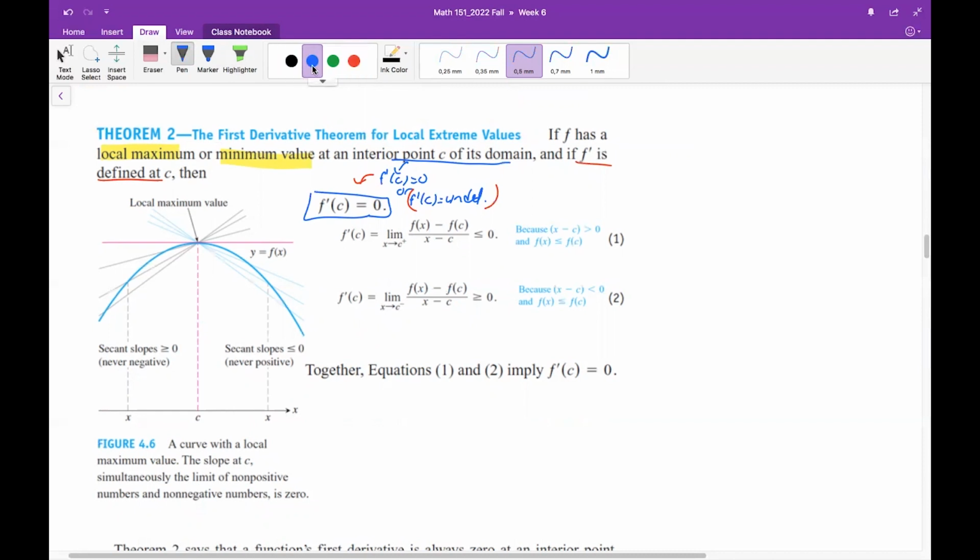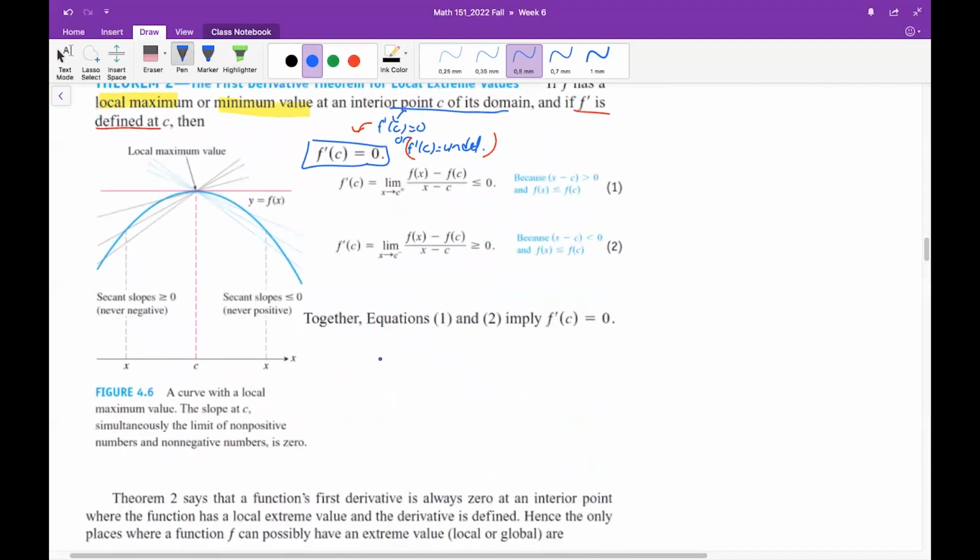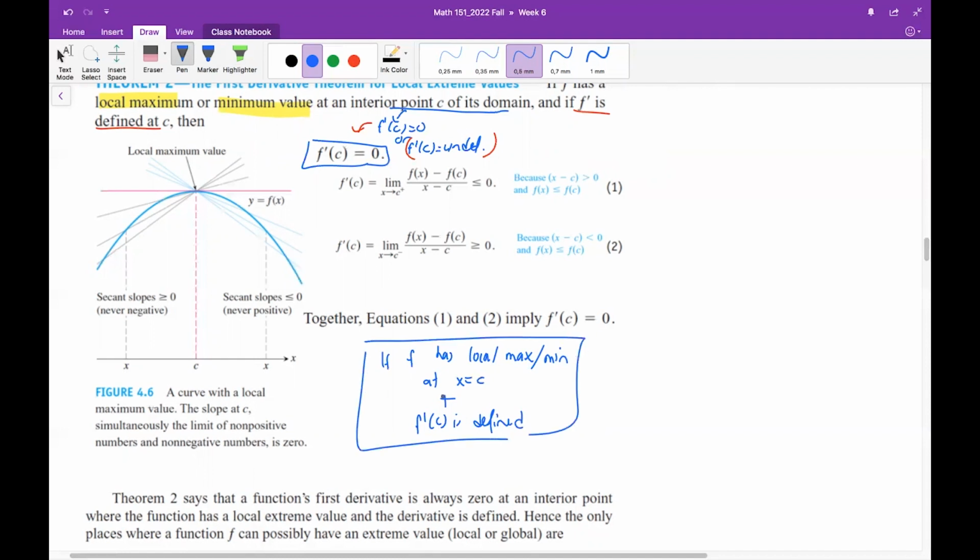Okay. So we will be using this information a lot for detecting the points at which absolute max and min points happen. So let me write a summary about that. If f has a local max or local minimum point at a number c, and if f prime c is defined, then what can we say about the first derivative of your function at the point c?